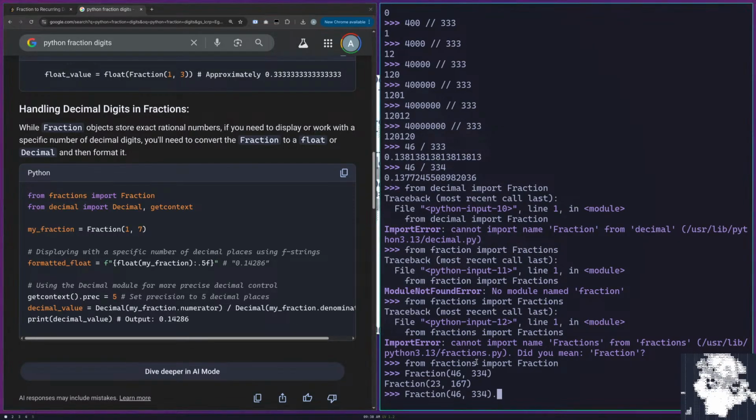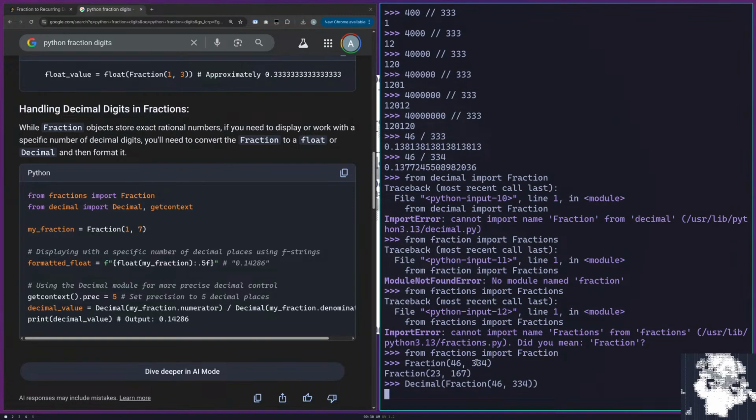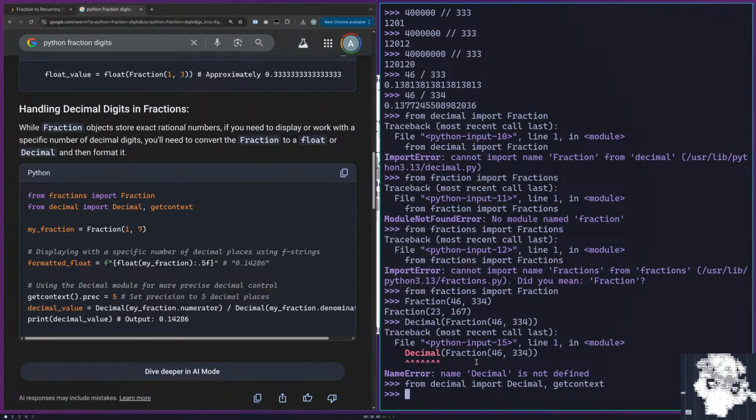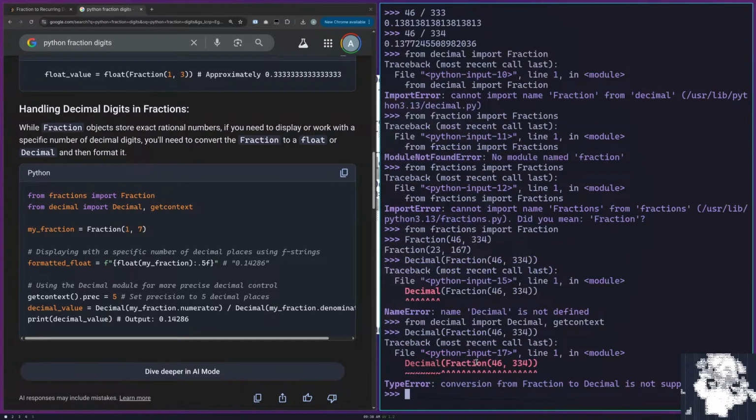Decimal. Do I have to import that? From decimal, import decimal, and get context. Conversion from fraction to decimal is not supported.